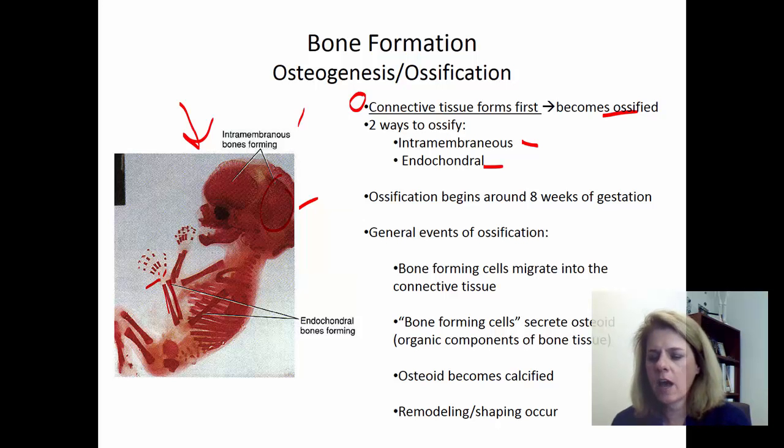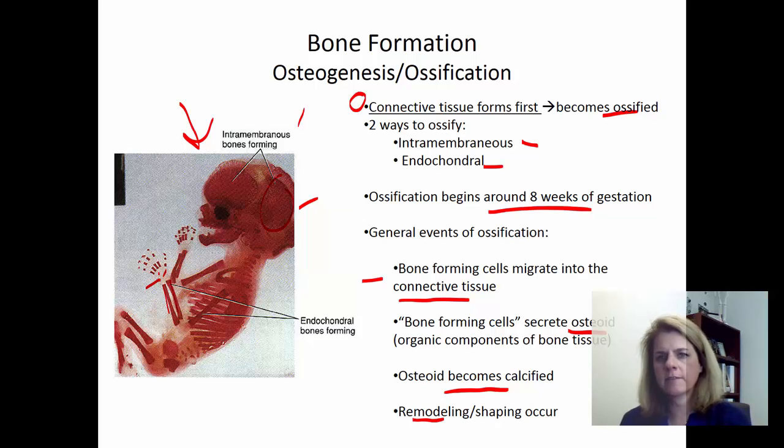You start to see this ossification at about 8 weeks of gestation, and generally what happens is you have your connective tissue there first, and then bone cells migrate to that connective tissue. These bone-forming cells start to secrete osteoid, which is the organic compound of bone. That osteoid will calcify, becoming hard, and then you're going to start to reshape and remodel that bone.